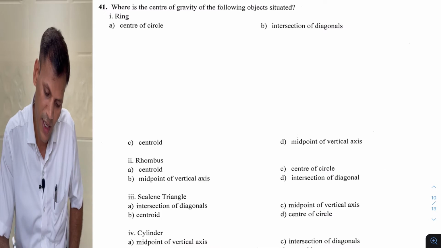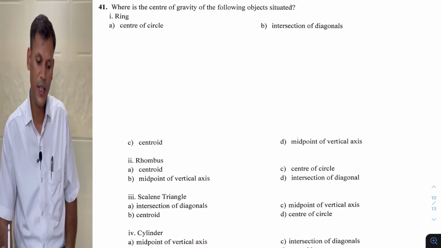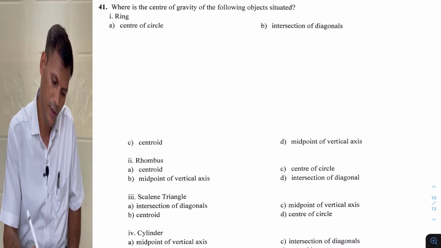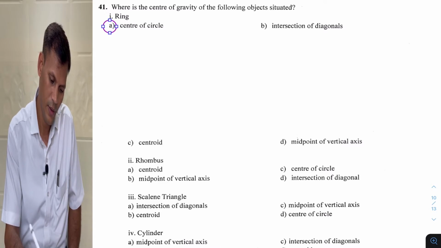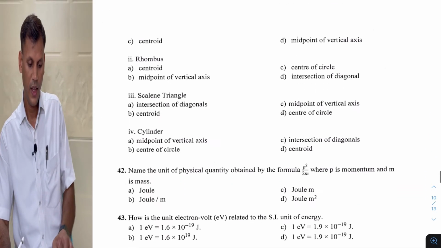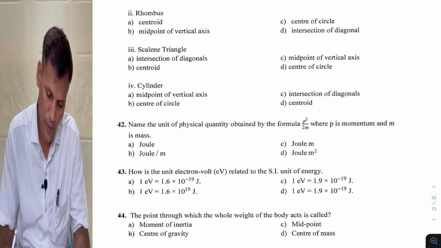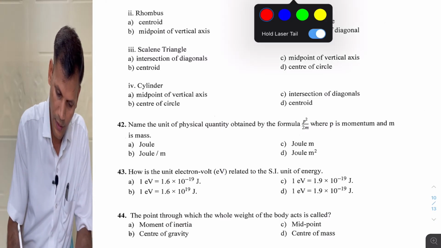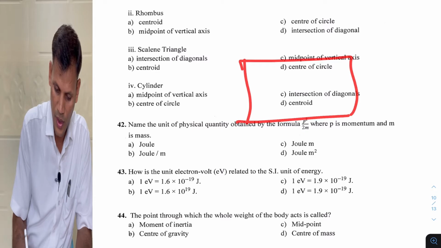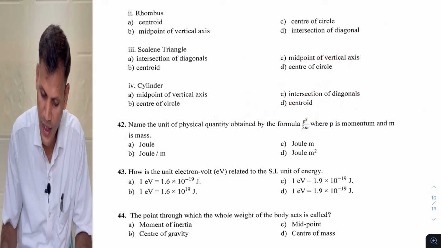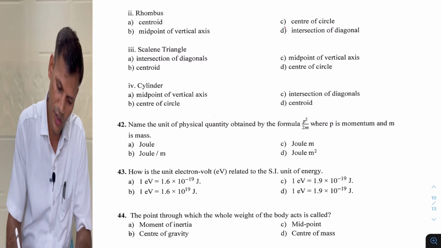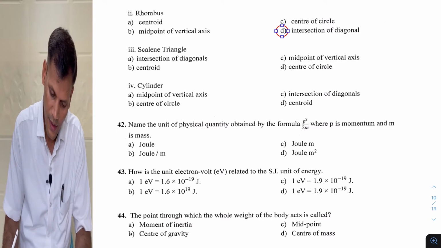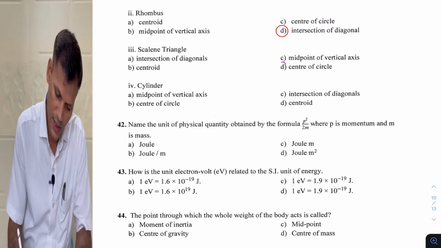Where is the center of gravity of the following object situated? Ring, where is it? At the center of the circle. It is at the center of the circle. Next is rhombus. Where is it for a rhombus? At the midpoint, the intersection of diagonals, we can say intersection of diagonals. Scalene triangle, it will be at the center of the circle.